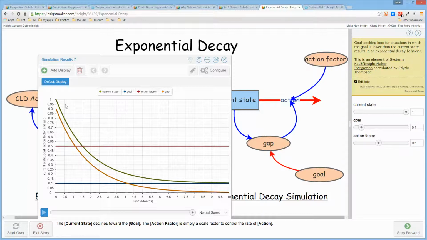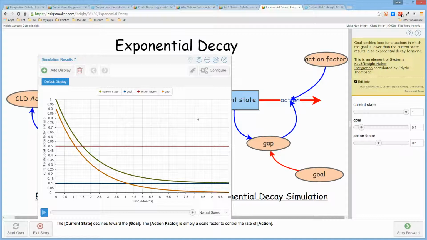But it's good to realize that the behavior over time graph for an exponential decay, while it's still a goal-seeking structure, looks very different than the curve that you see for typical goal-seeking structures, which is sort of the rotated inverse of this, where it begins and goes up like this and approaches the goal over time in this direction.